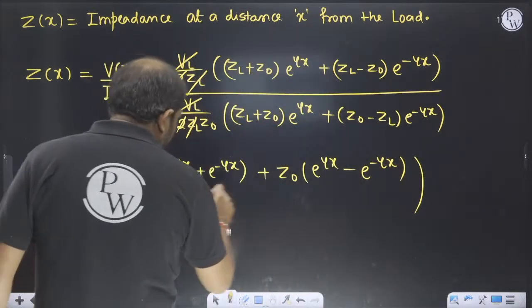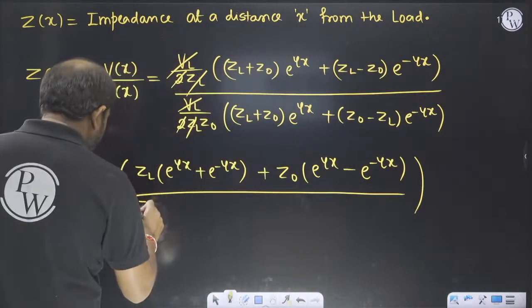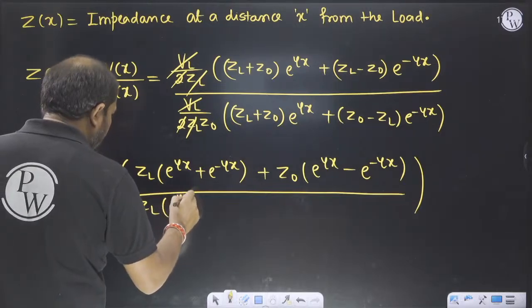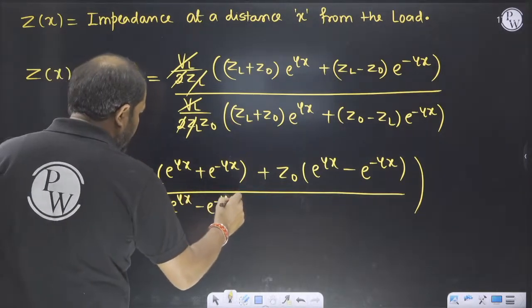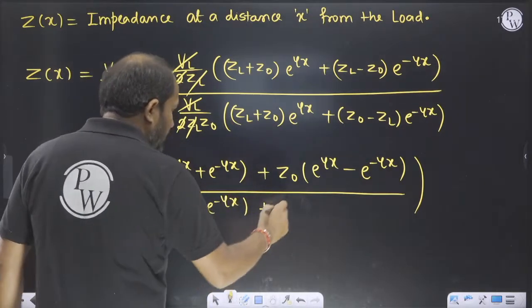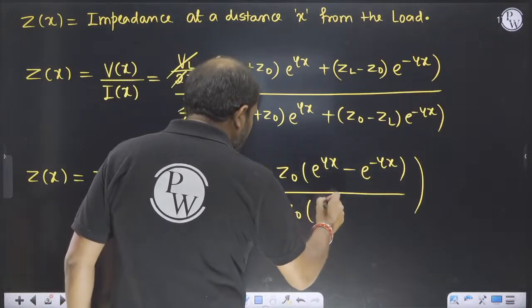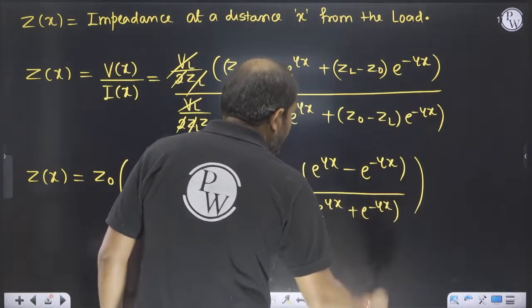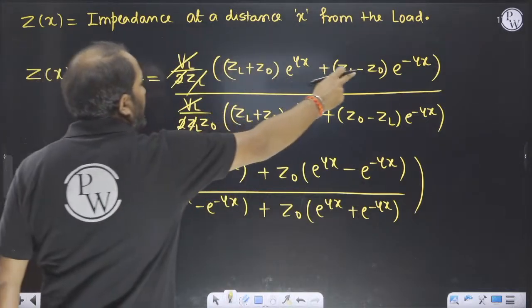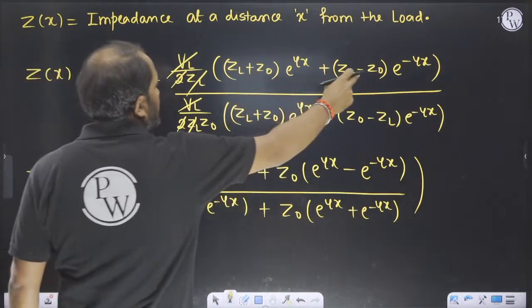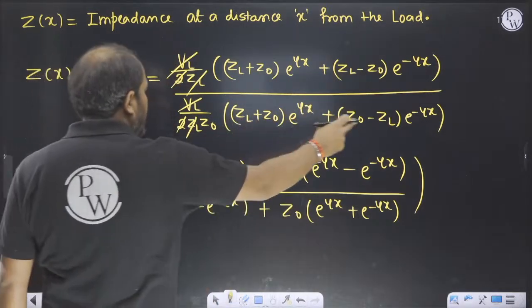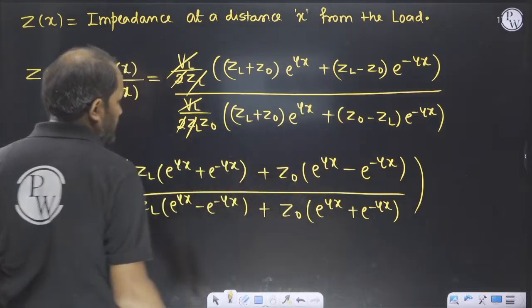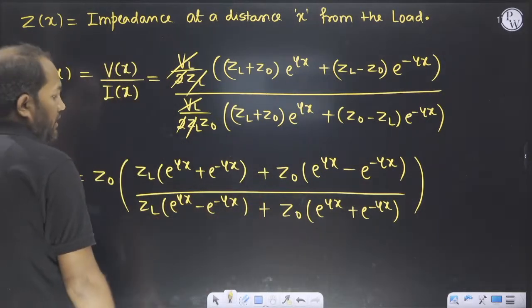And then after, we have ZL times e to the power gamma x minus e to the power minus gamma x, plus Z0 times e to the power gamma x plus e to the power minus gamma x. So in this case ZL is positive, Z0 is negative; here ZL is negative, Z0 is positive. So I have written it down like this.